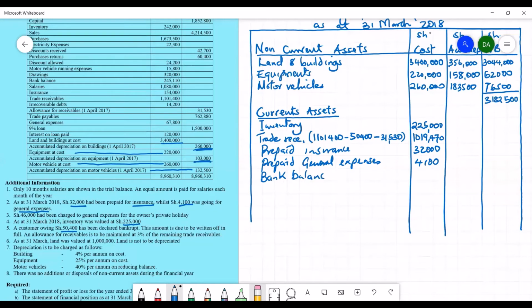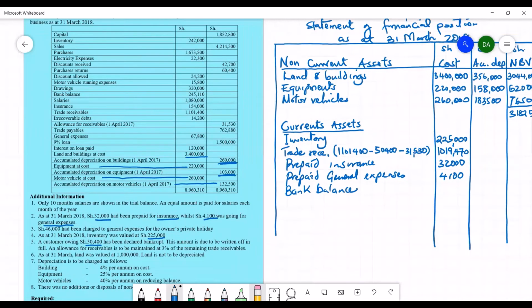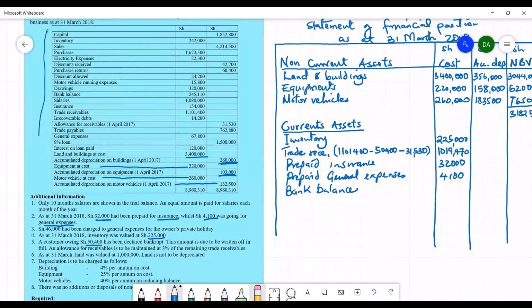We don't have a cash balance, so it is just the bank balance. There is no balance for cash. If you look at the trial balance here, there is nothing about cash, but only about bank. The bank balance there is equal to 245,110.